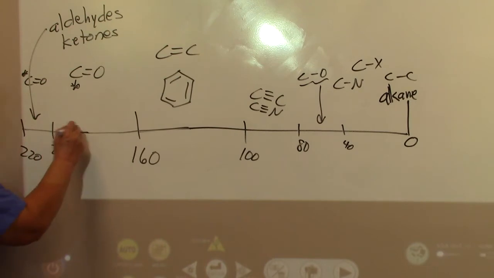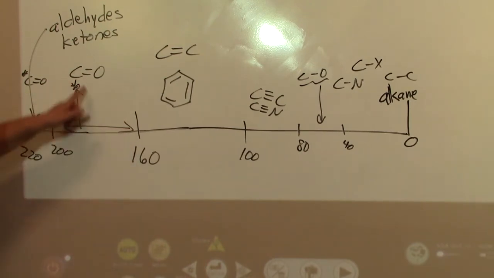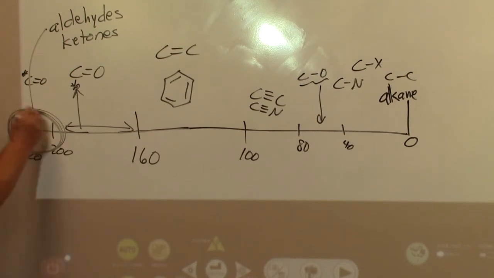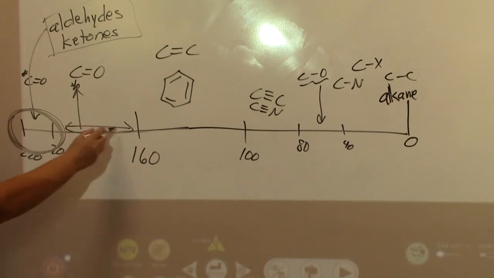So this other region is also carbonyls, but carbonyls like carboxylic acids, esters, amides, acid chlorides, or anhydrides. We have lots of different carbonyls, but the ones that show up way downfield are aldehydes and ketones, and the others are in here.